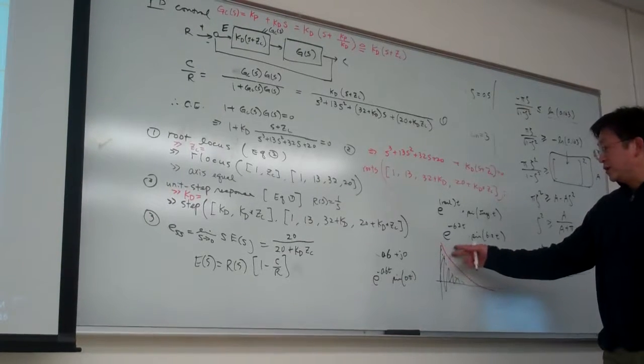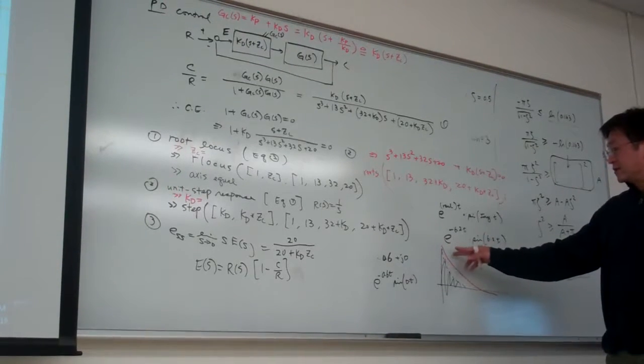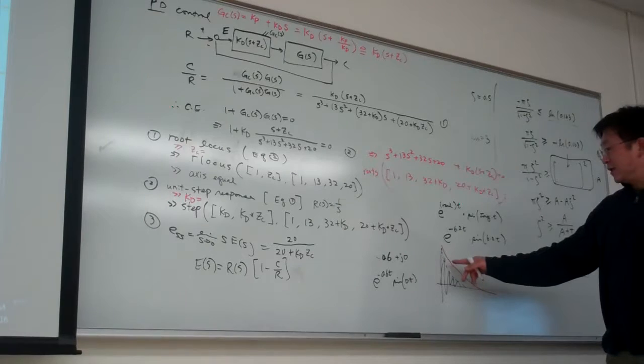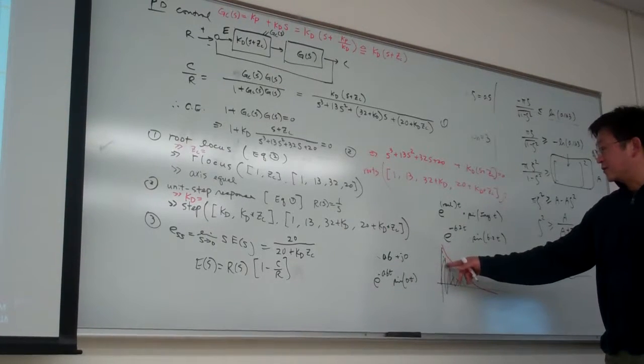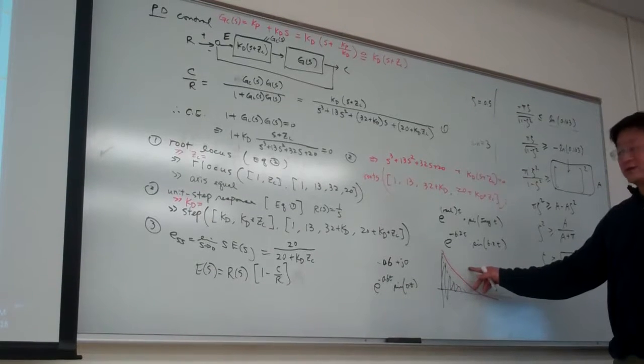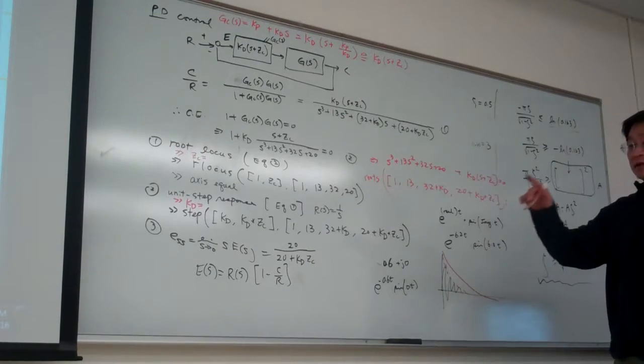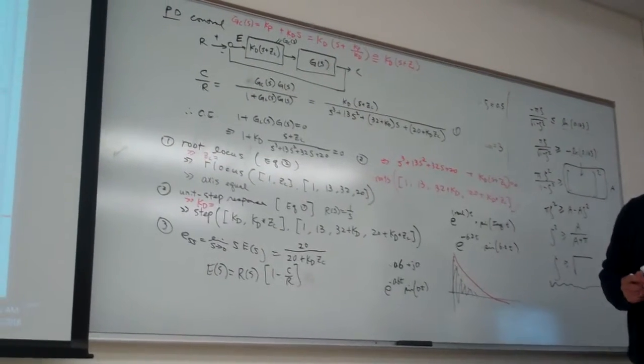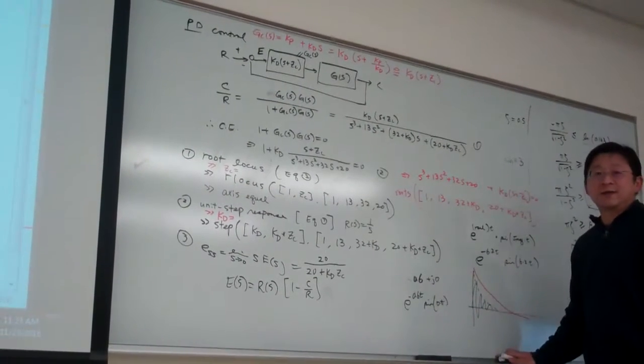We superpose the three modes together. You can see the complex conjugate pair decays to zero very quickly, so the majority of the response will be dominated by the third pole. This is not a good design.